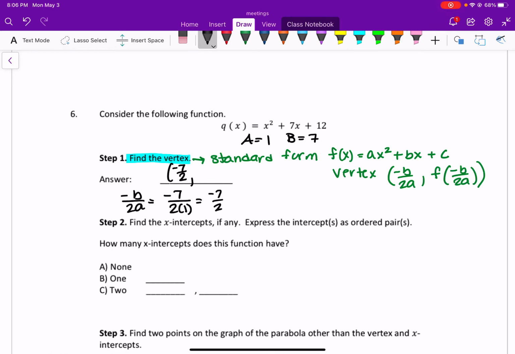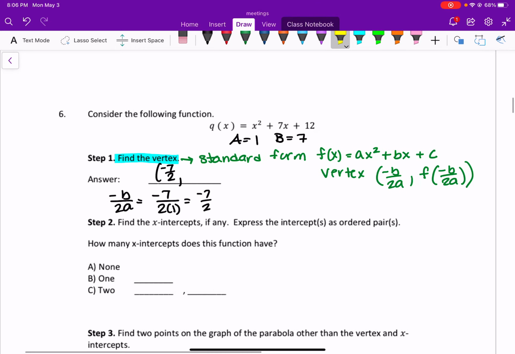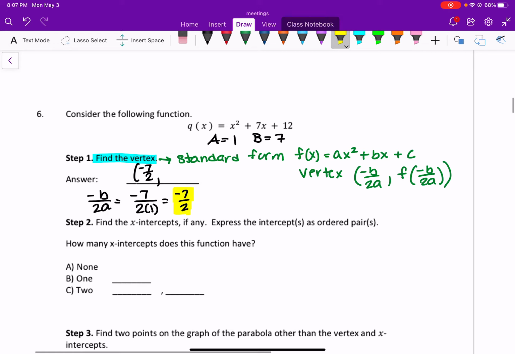Again, we're going to take this value and stick it back into our equation up there. So we get rid of our y, and we find q at negative 7 over 2. So this is going to be negative 7 over 2 squared plus 7 times negative 7 over 2 plus 12.